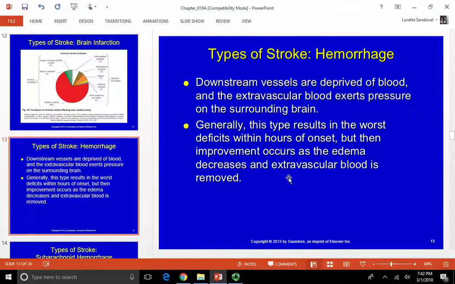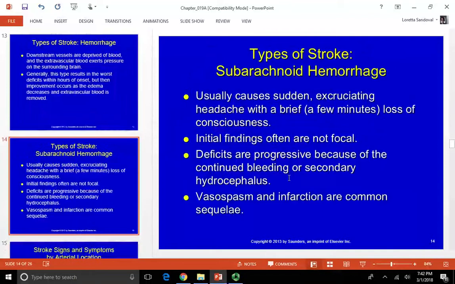So with a hemorrhagic stroke, you often don't know what the long-term effects are going to be for a long time after the stroke. With an ischemic stroke, the progression's pretty typical.